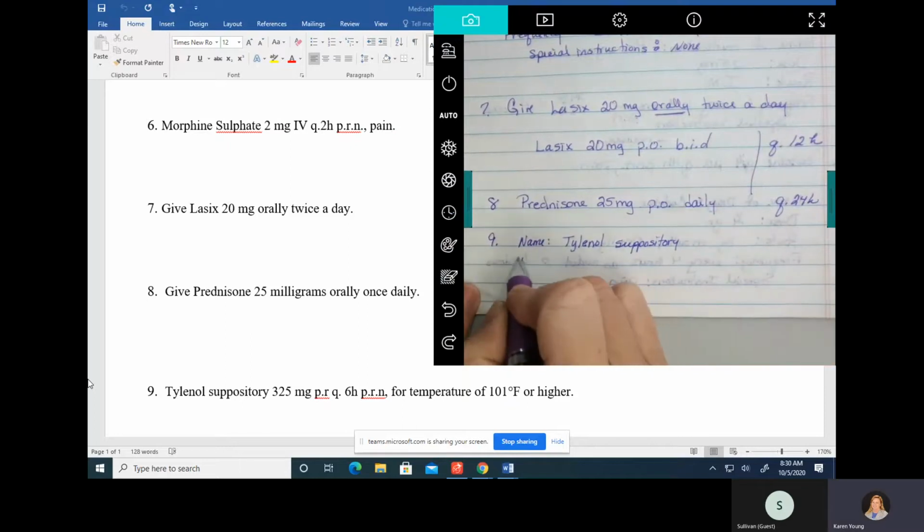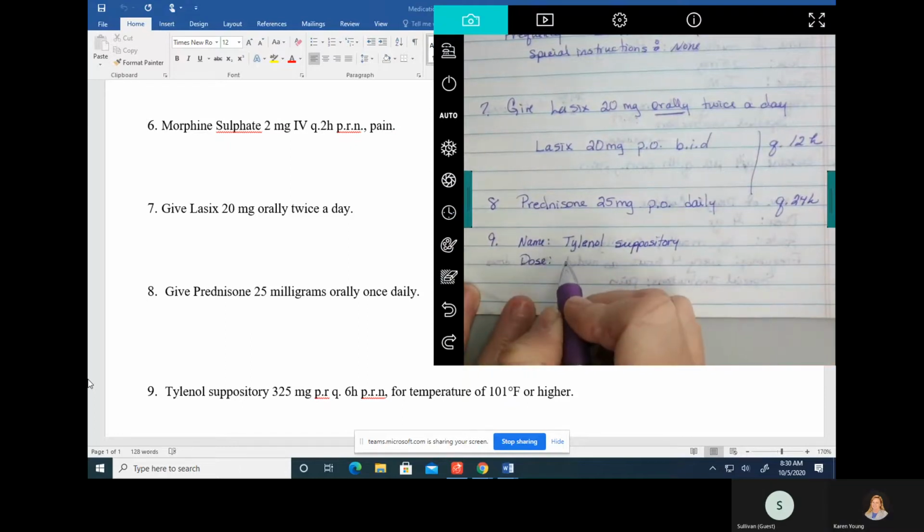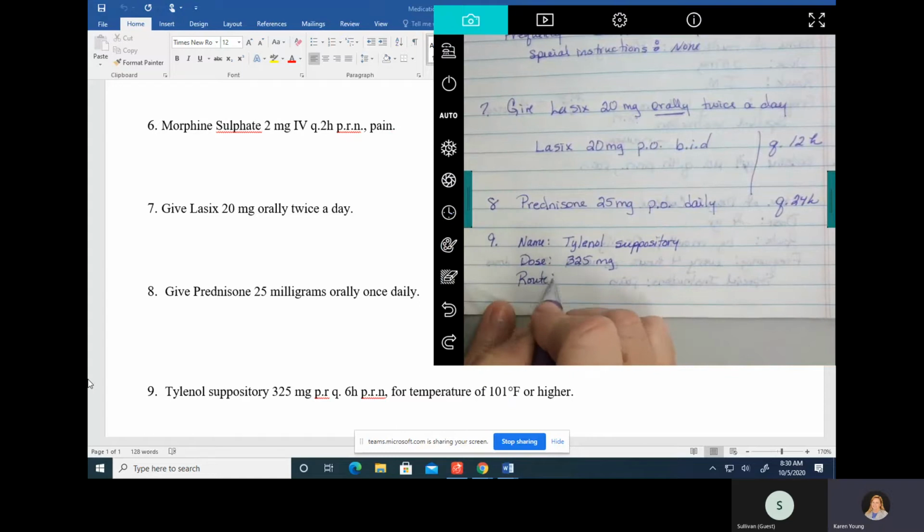My dose is 325 milligrams. My route, and it's PR. So what do you think PR is? This one gets everybody.